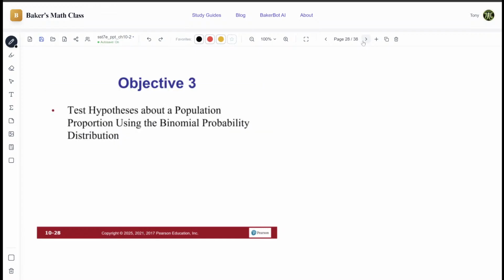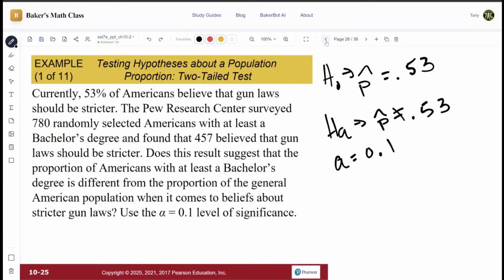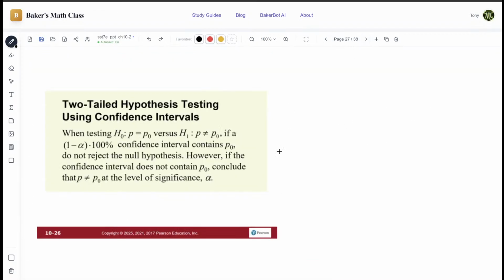We can also look at it using confidence intervals. Confidence intervals are in essence a two-tailed test. They're exactly the same thing.